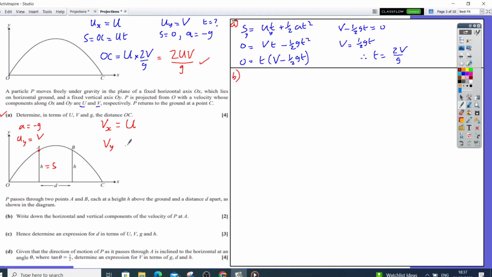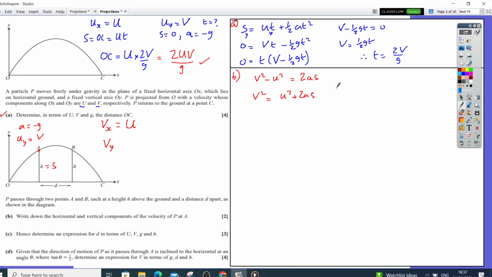Okay, now if you've got a, u, v and s, then you should use this formula, which is v squared minus u squared equals 2as. If you rearrange that, you get v squared equals u squared plus 2as.